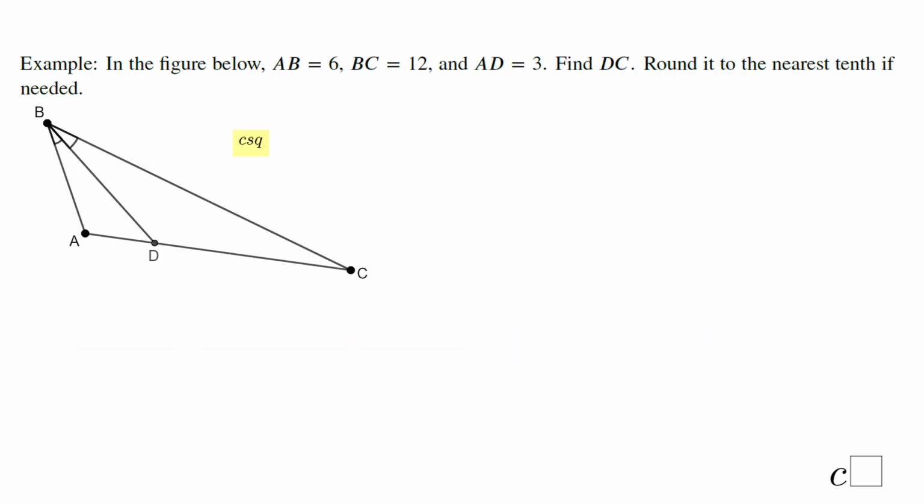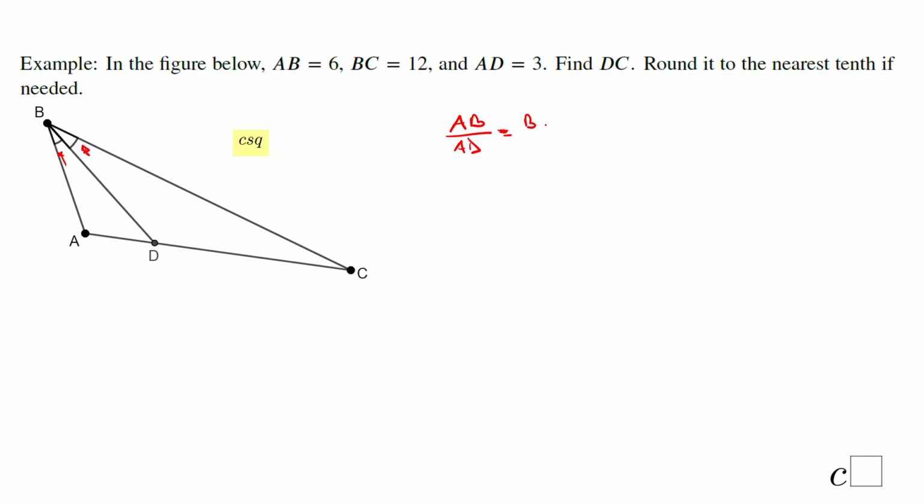So let's see how we use this theorem. And we have this triangle ABC, and again you should notice that we have an angle bisector. So I can write AB over AD equal BC over DC.